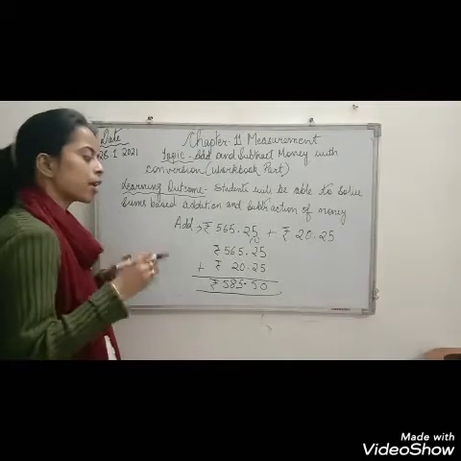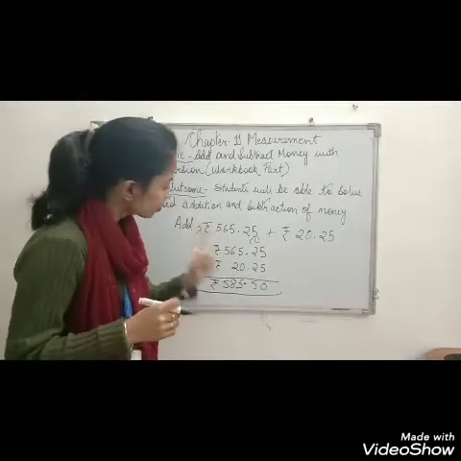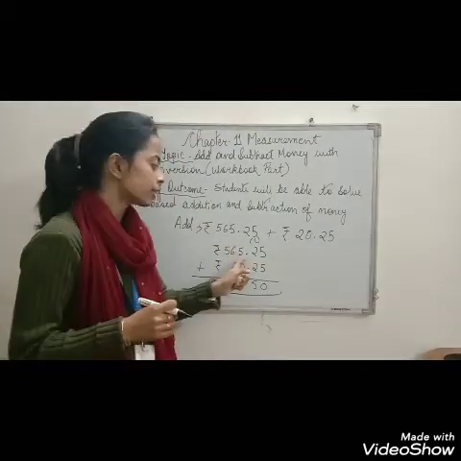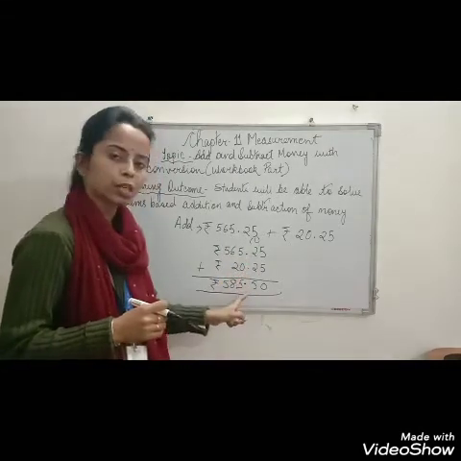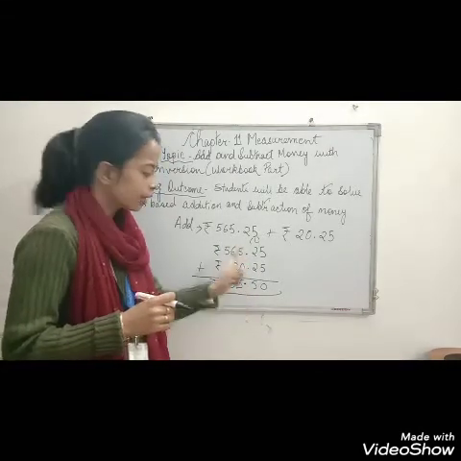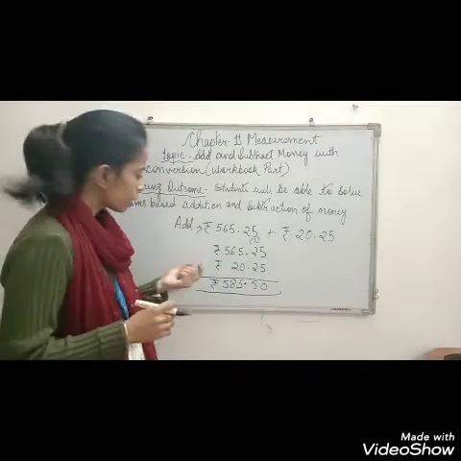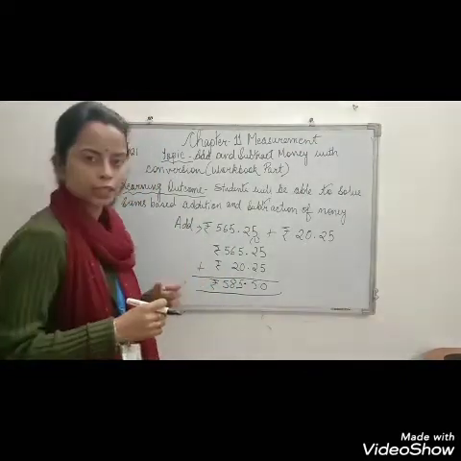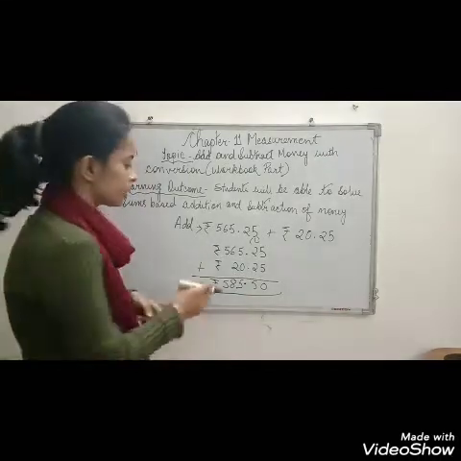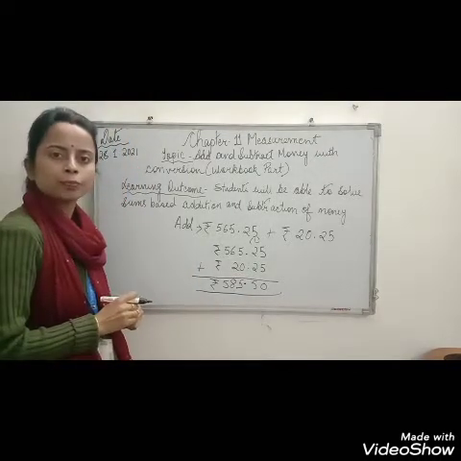So it is the same as how we add numbers. Only one thing we have to see: the decimal point is exactly one below the other. Alright? Now in the same way, you can do subtraction. Only here, the symbol will change. Right? Here will come the minus symbol.